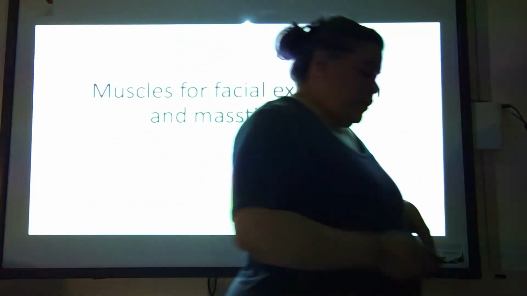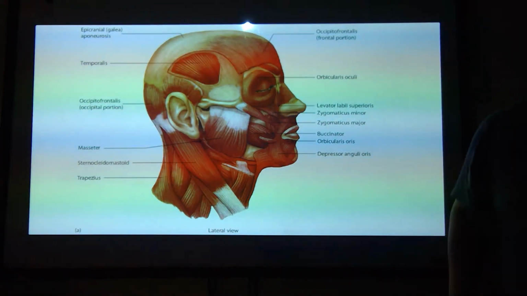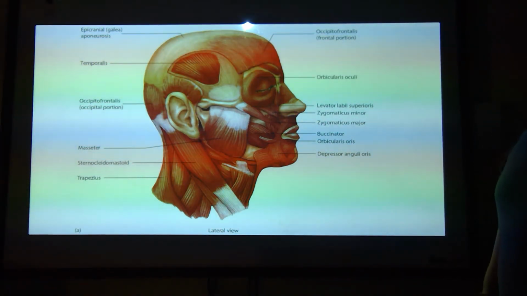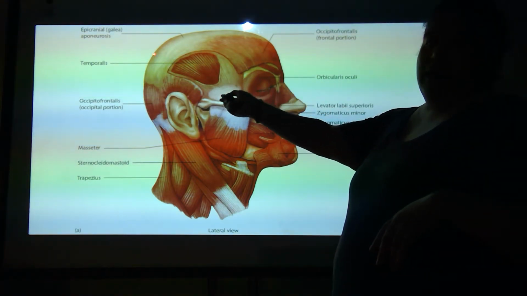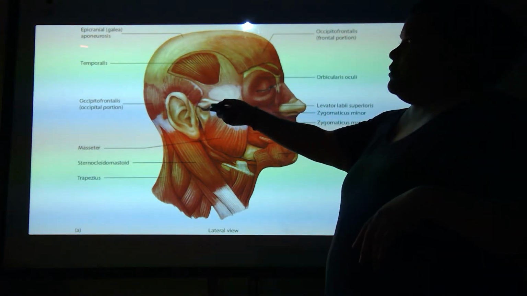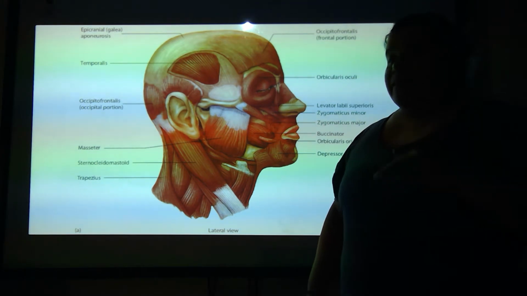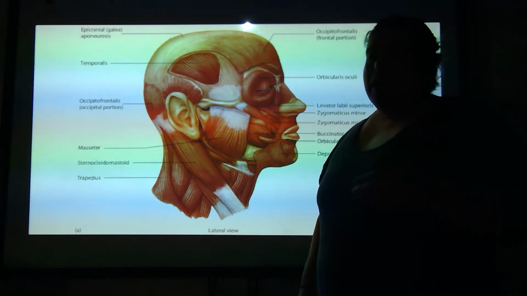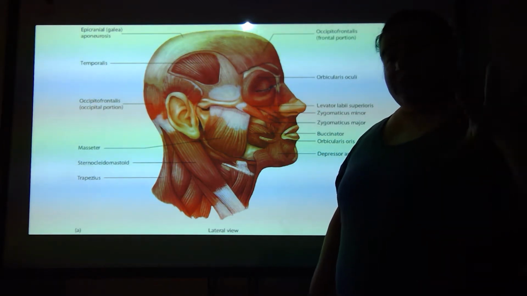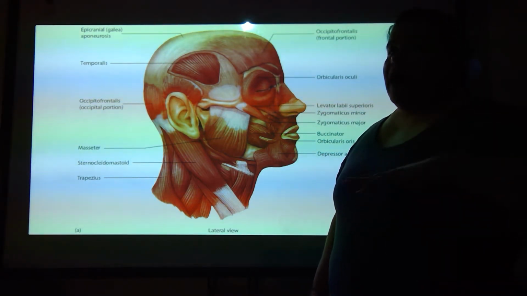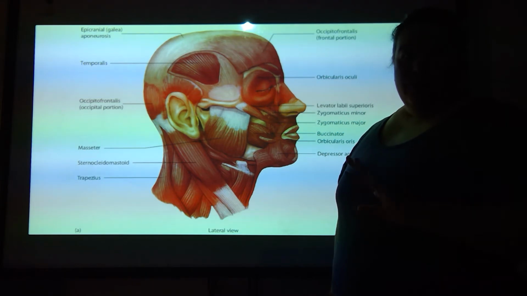Okay. So looking at these muscles, I want you to notice that we've got the epicranial aponeurosis. That's a tendon. That isn't a muscle. So if it's a tendon or if it's a bone that's projecting out of somewhere, I'm not going to have you learn those.